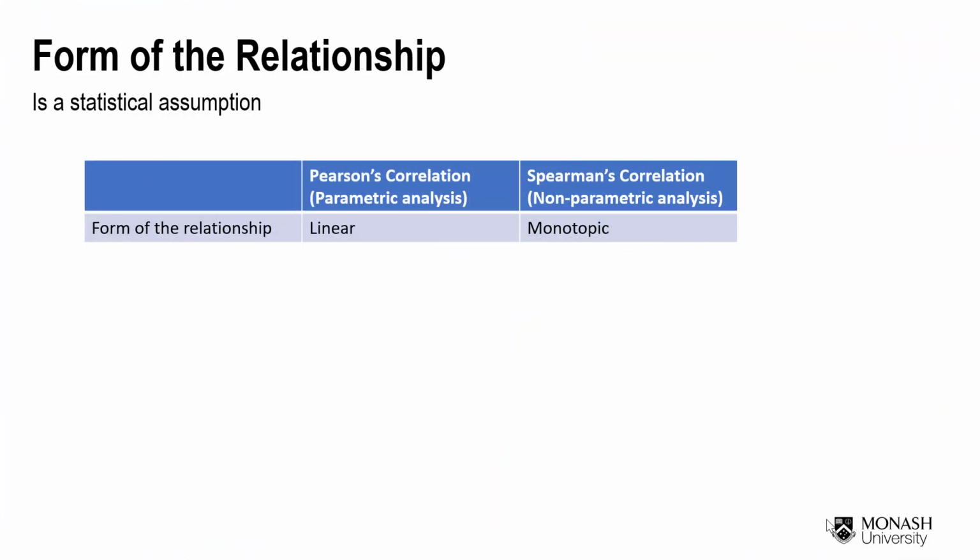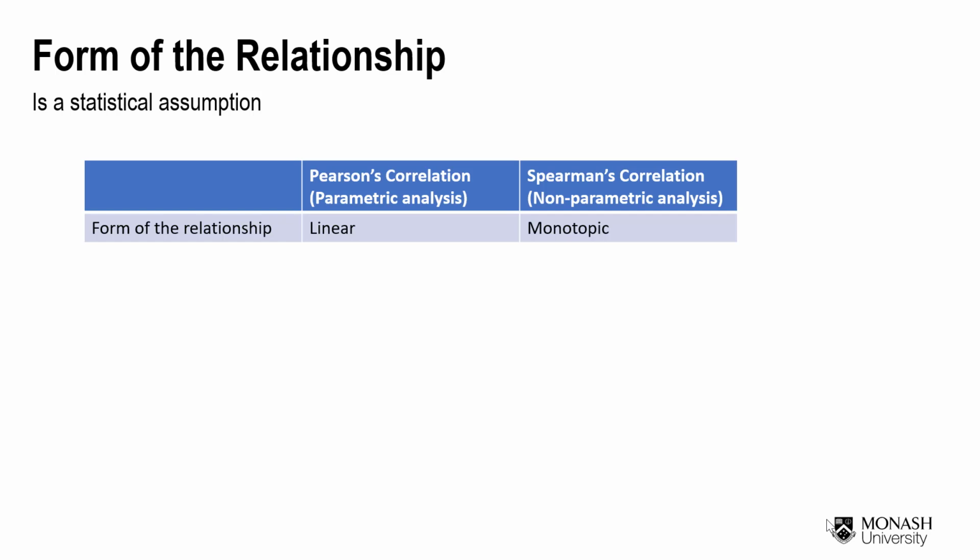The form of the relationship is a statistical assumption and is also important for us to consider when deciding upon what type of correlation to perform. A Pearson's correlation requires a linear relationship between the variables.